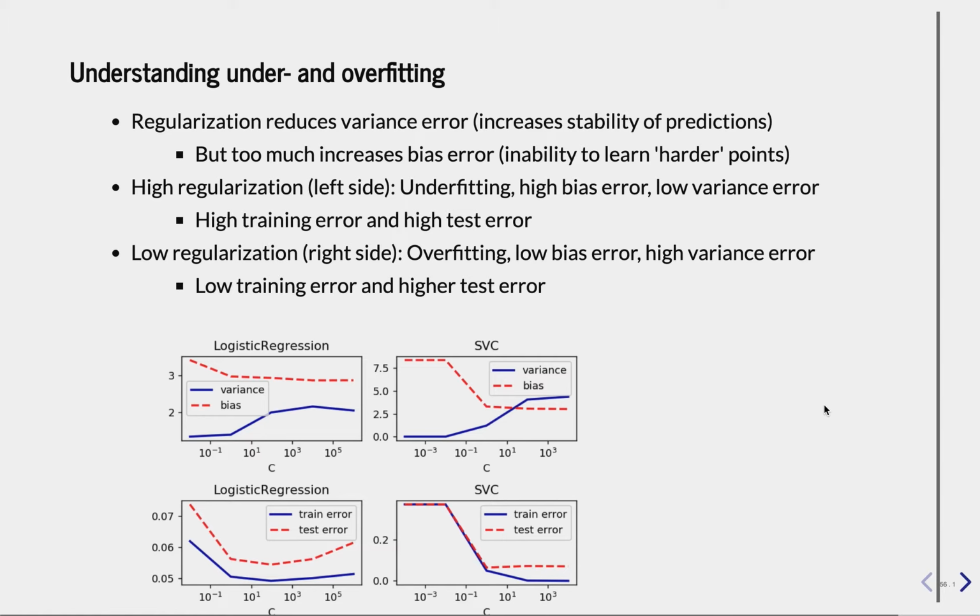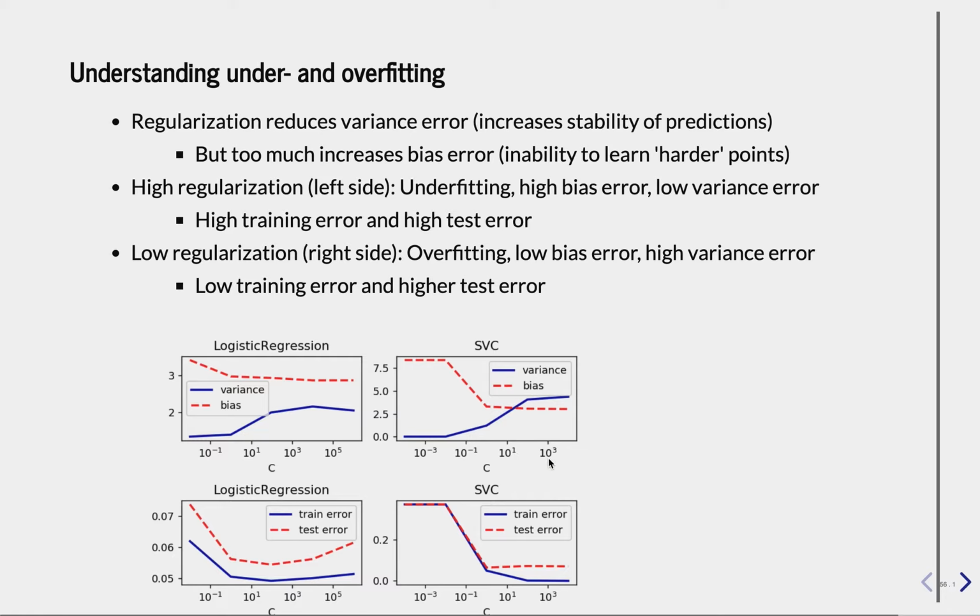Now, if you look at some actual data and some actual bias variance numbers, we can better understand what regularization really does. Right? So look, for instance, at this support vector machine here. And remember, the C parameter is the inverse of the regularization strength. So on the right, we have low regularization or high overfitting.